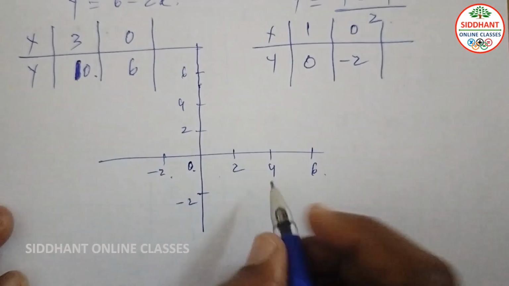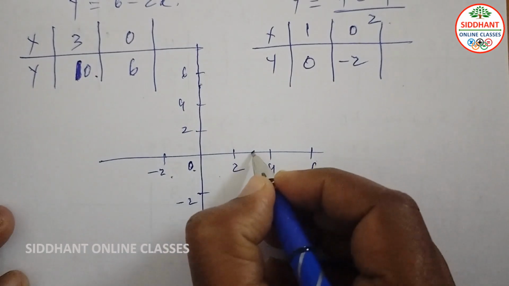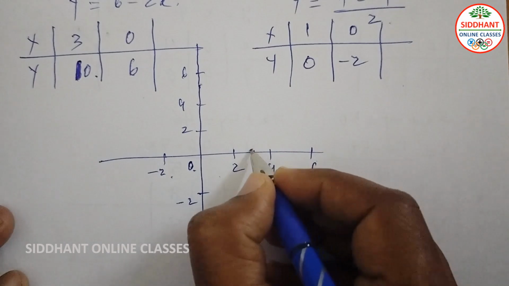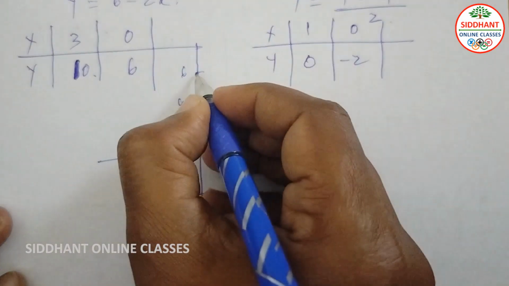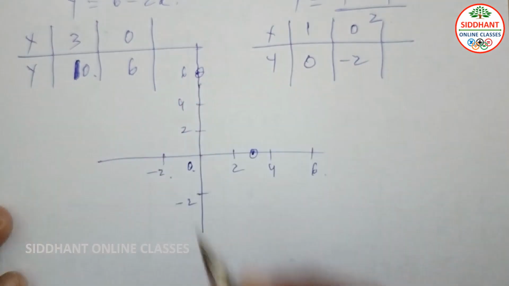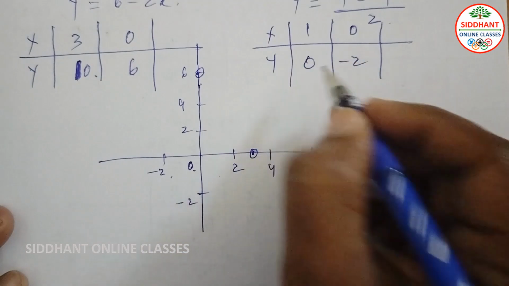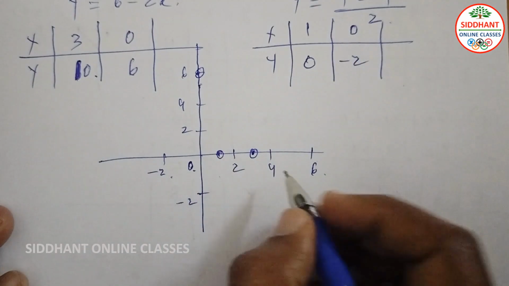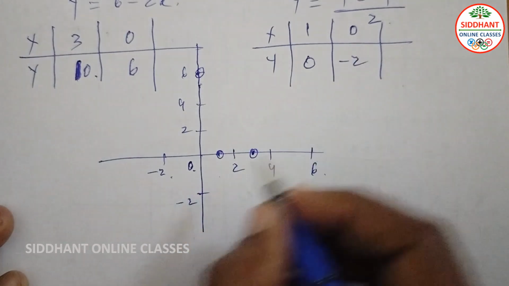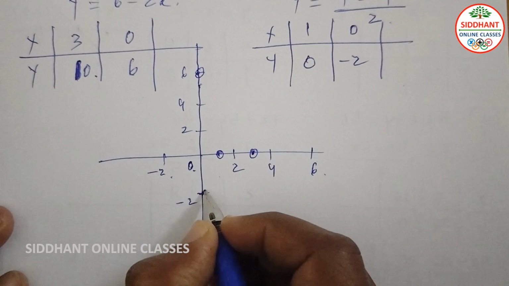So x is 3, y is 0, which is this point. X is 0, y is 6, which is here. Next, x is 1, y is 0, which is here. And x is 0, y is minus 2. Here you can see the point.